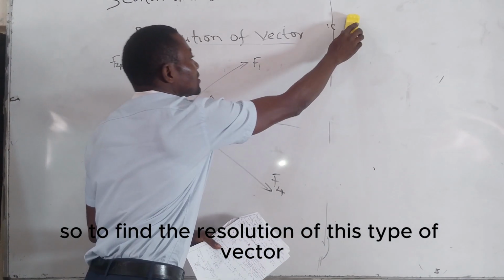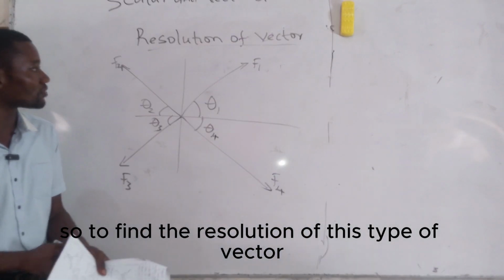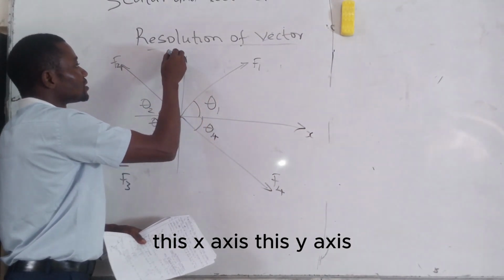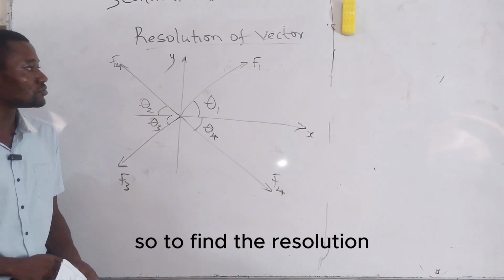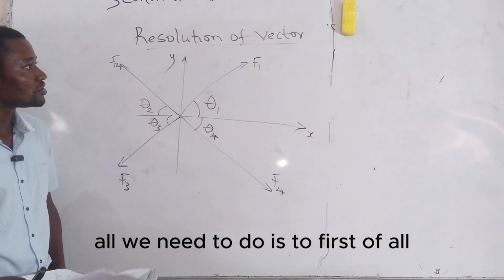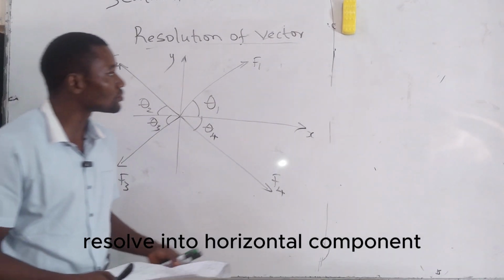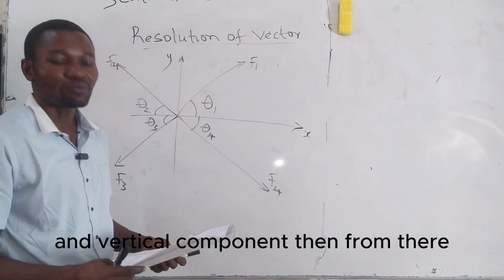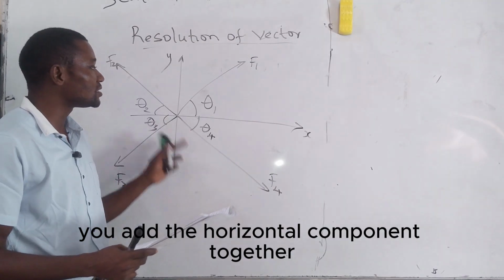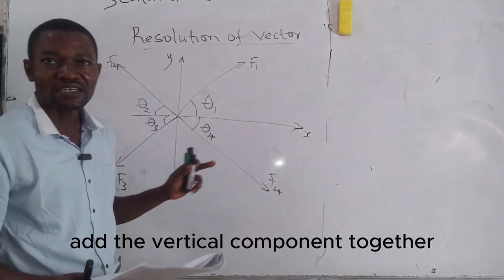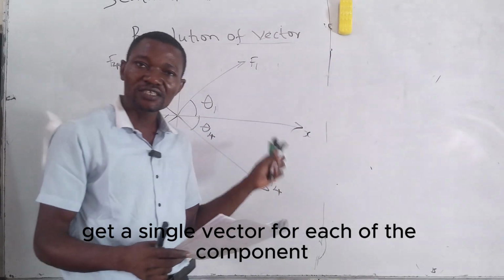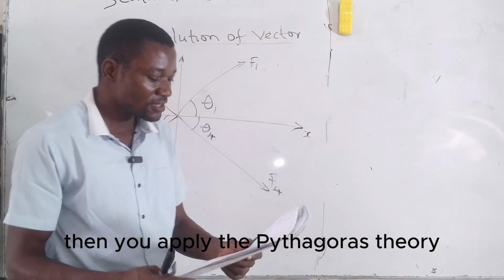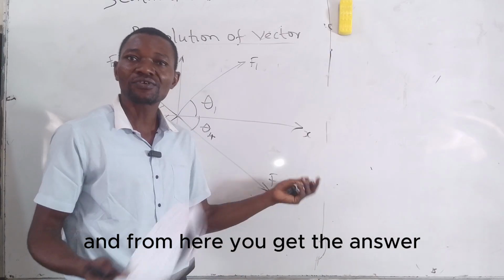So to find the resolution of this type of vector, with this x-axis and this y-axis, all we need to do is, first of all, resolve into horizontal component and vertical component. Then from there, you add the horizontal components together and add the vertical components together, to get a single vector for each of the components. Then you apply the Pythagoras theorem, and from here you get the answer.